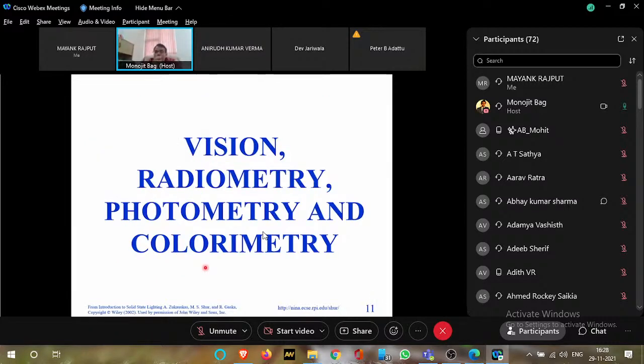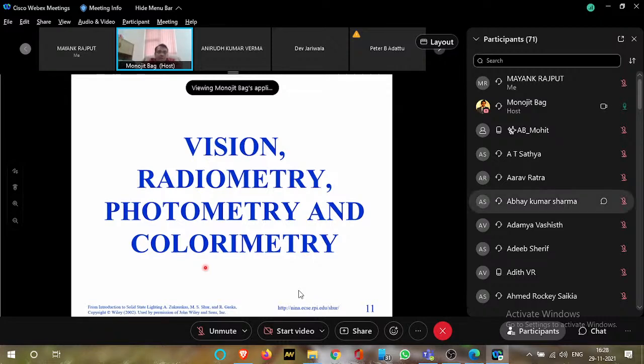Now, what exactly is an LED light compared to the other light sources we have, like an incandescent lamp, a fluorescent lamp, or maybe some other light source like a mercury vapor lamp or sodium vapor lamp? There are different light sources we generally see in our day-to-day life. Definitely the quality of light we get from different sources is very different.